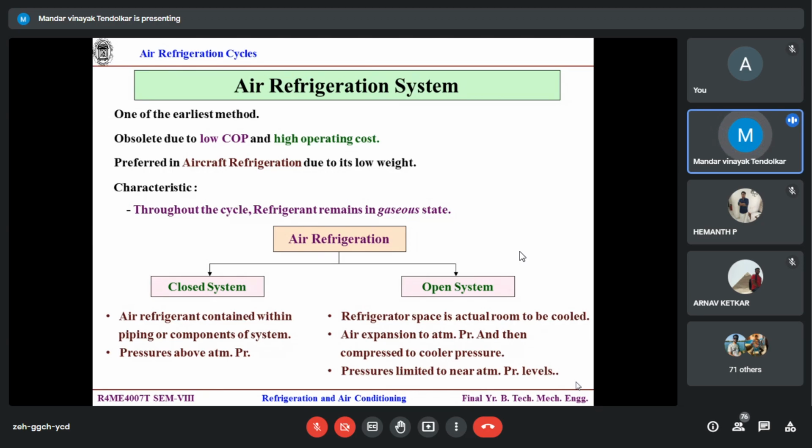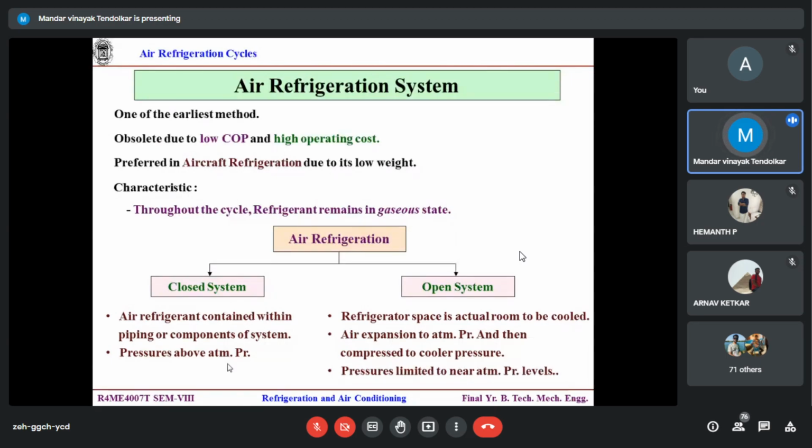Whereas for the closed system, you can operate at pressures above atmospheric pressure. Your inlet pressure for the compressor need not be atmospheric; it can be at some high value also. Because as you know, if P1 itself is higher, P2 will be further higher. So the ratio P2 by P1, raised to gamma minus 1 over gamma, is further higher.